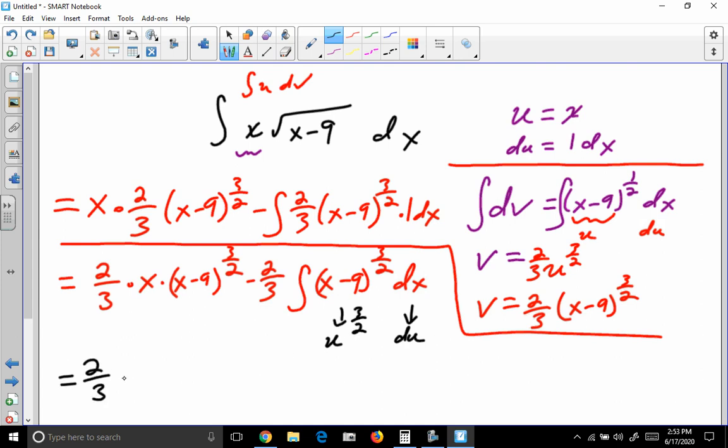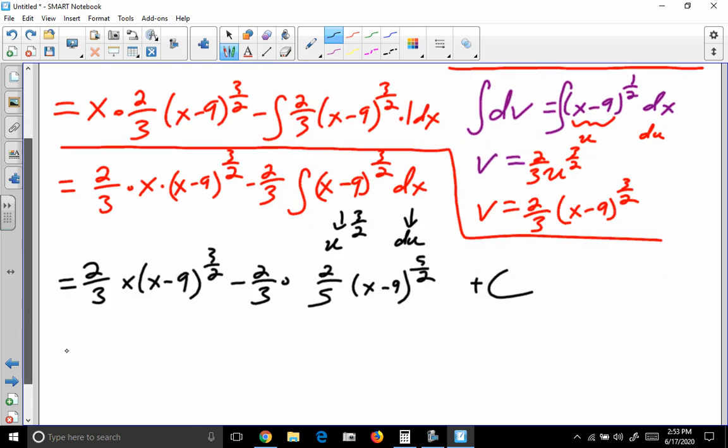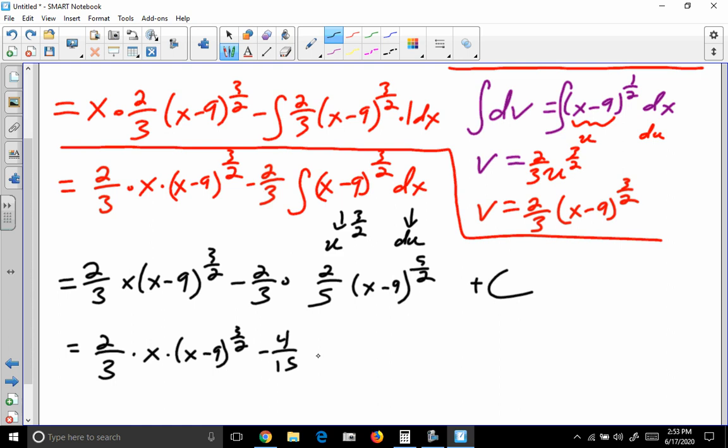So we copy down we have our 2/3 times the integral, and when we integrate that, that's u to the 1 greater power over that power, or times 2/5, and then plus c on the end. So finally, we have 2/3 times x minus 9 to the 3/2 minus 4/15 times x minus 9 to the 5/2 plus c.